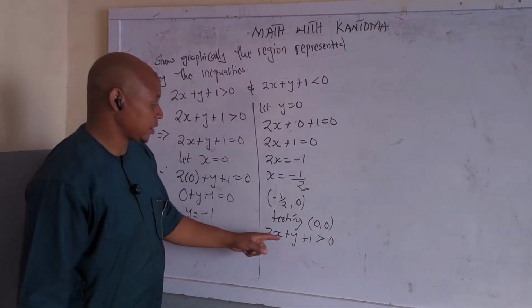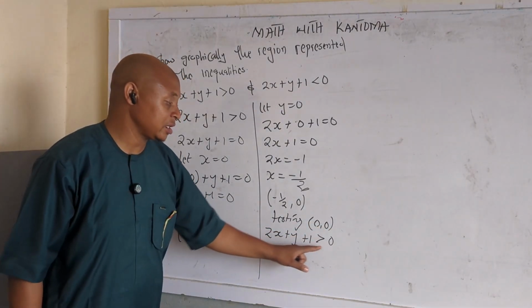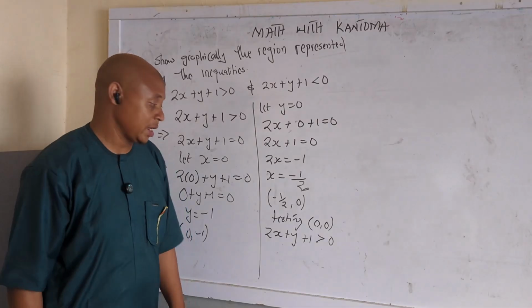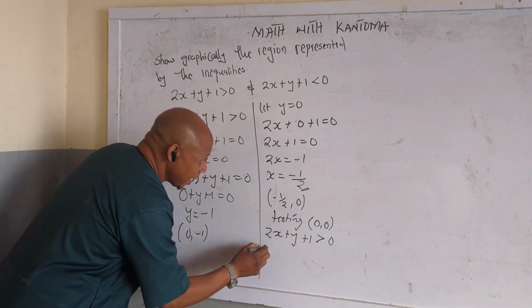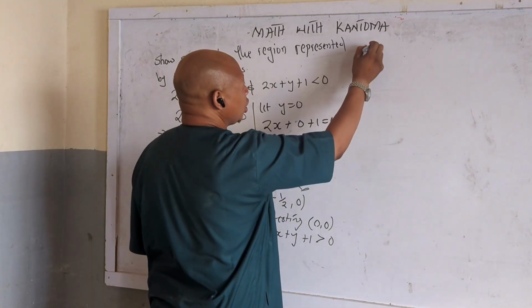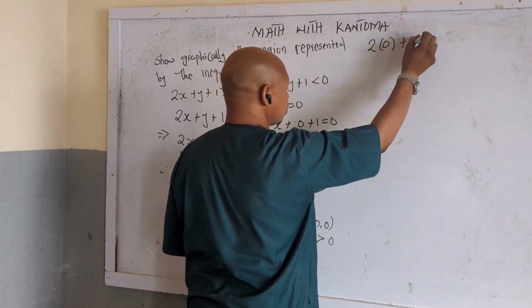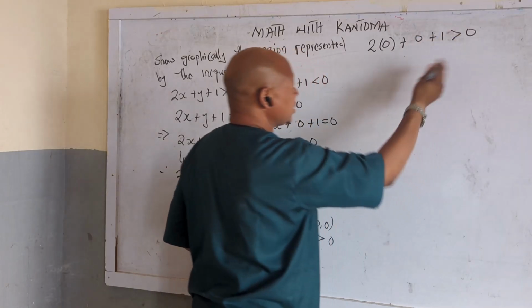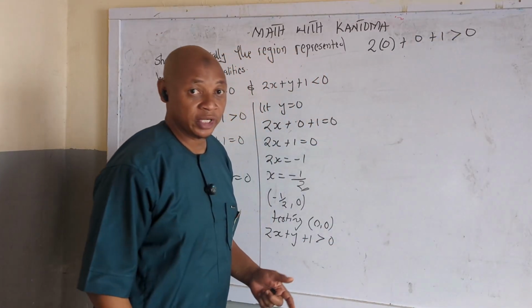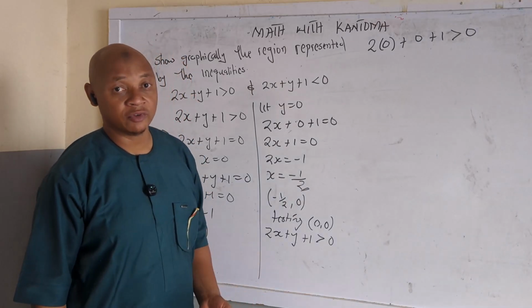Let us test x equal to 0 and y equal to 0 to see whether this inequality is true or false. Substituting, I have 2 times 0 plus 0 plus 1. Is it greater than 0? If it is greater than 0, then it is true, meaning it satisfies the inequality. But if it is less than 0, then it is false.